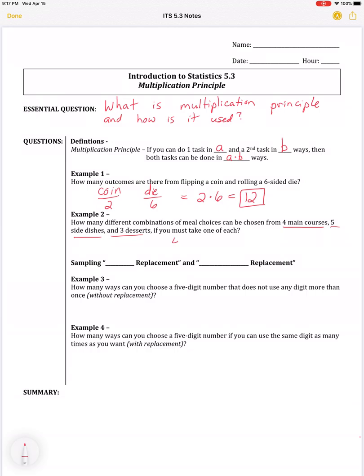So you would do 4 times 5 times 3 desserts. So the total number of combinations or outcomes would be 60. So instead of writing these out again like we did with the Jaguar and the convertible top and the leather, we could find out by doing multiplication, seeing, oh, there's 60 possible combinations.